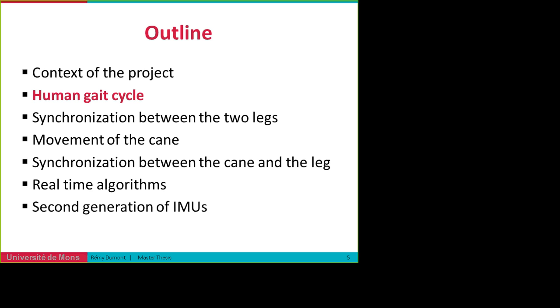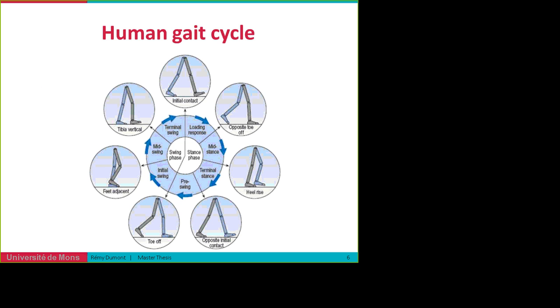The first point of this presentation will be the human gait cycle. The human gait cycle can be divided into two main phases and 8 subphases. The two main phases are the stance and the swing. During the stance, the reference foot is in contact with the ground, and during the swing, the reference foot is swinging above the ground.